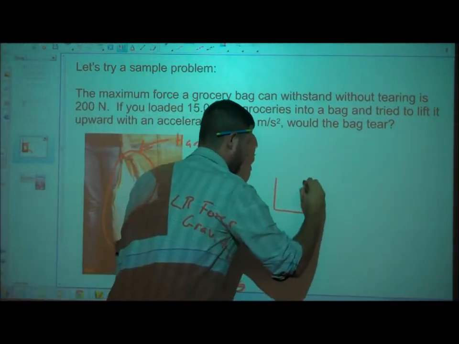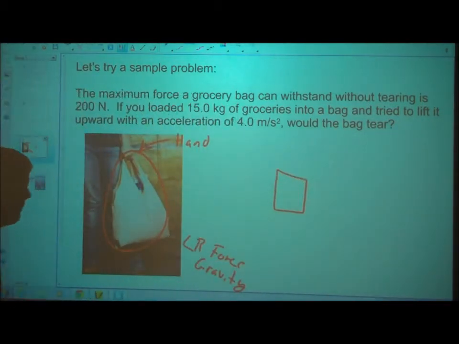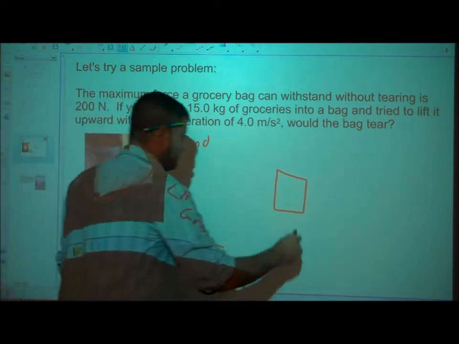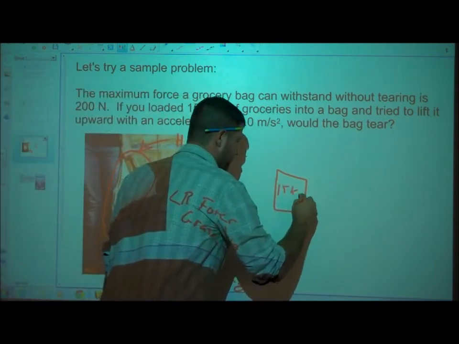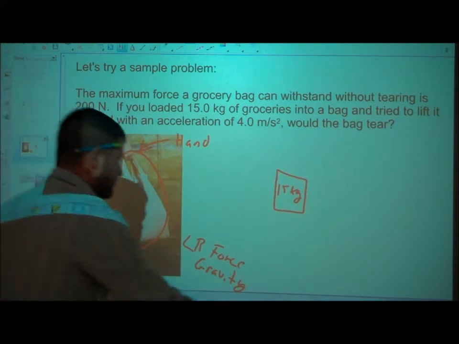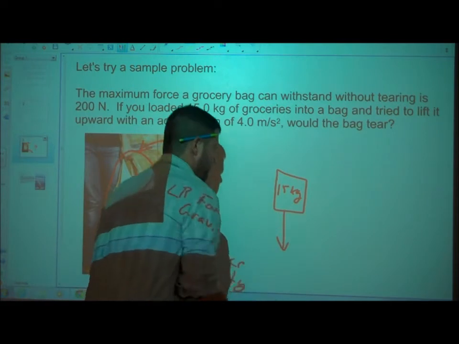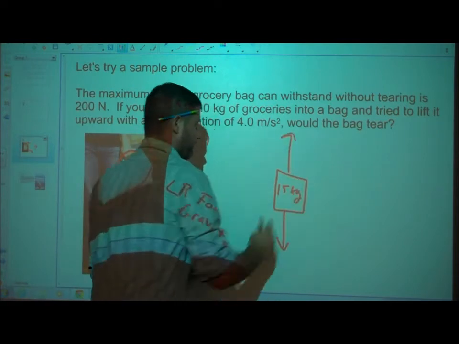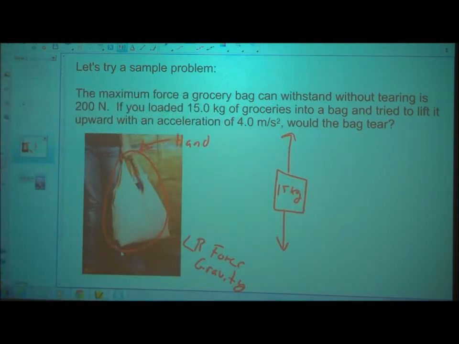Let's draw our free body diagram. We know that it has a mass of 15 kilograms, and we know that we have a downward force and an upward force. The upward force is the hand, the downward force is that long-range force of gravity. And of course we have to label these forces.